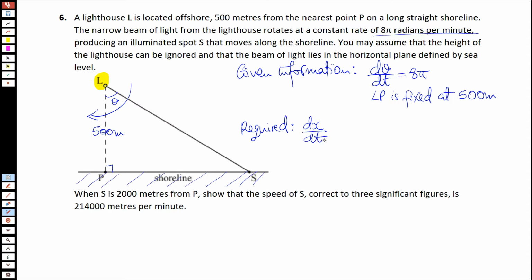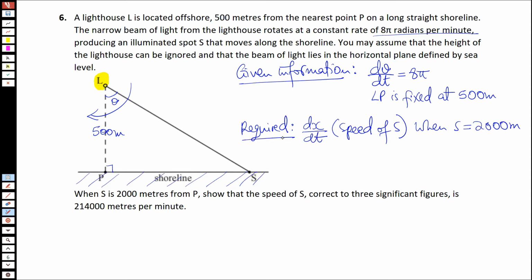So dx over dt, and this is the speed of S. And we want to find the speed at a specific moment, when S is 2000 meters, as it's given in the question. So this is the given information, and that's the required information.